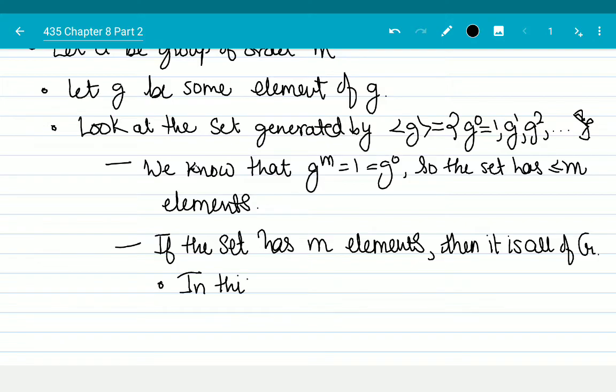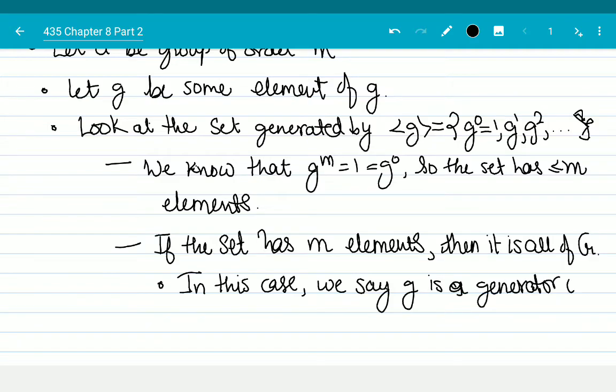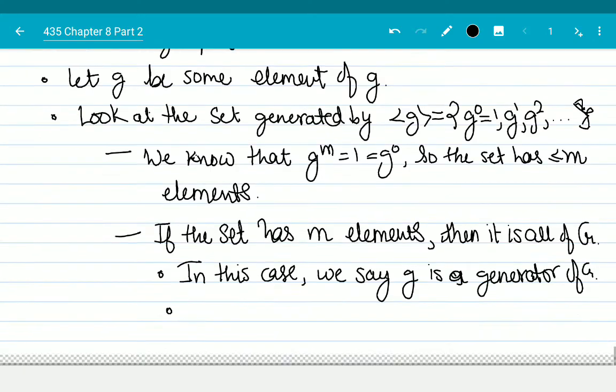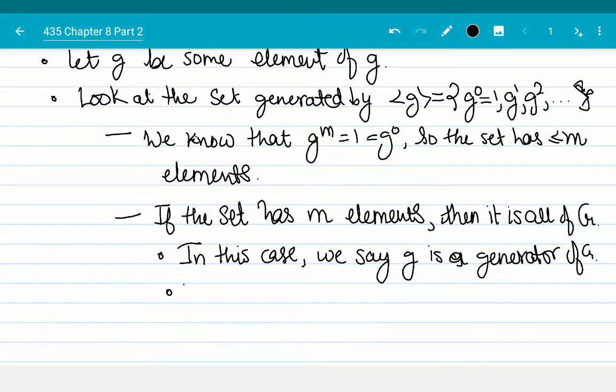In this case, we say g is a generator of G. And if G has a generator, we say G is cyclic.